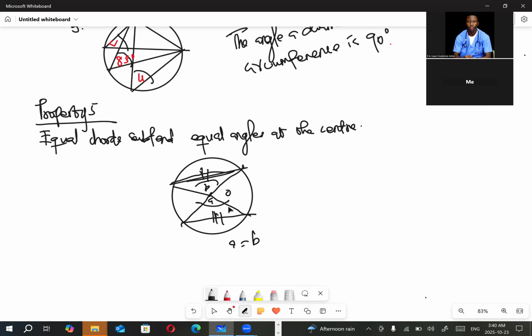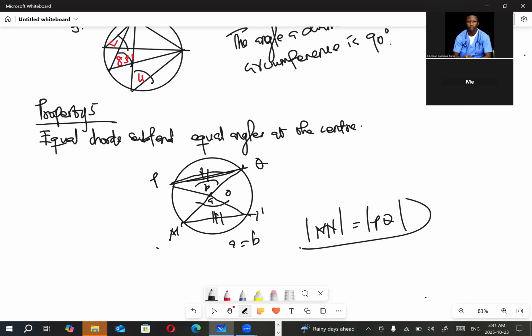That's it. Now, in the question, there will be an indication that the chords are equal. It's either going to be said in the question that this line and this line, they will label the lines MN and PQ, so line MN is equal to line PQ.